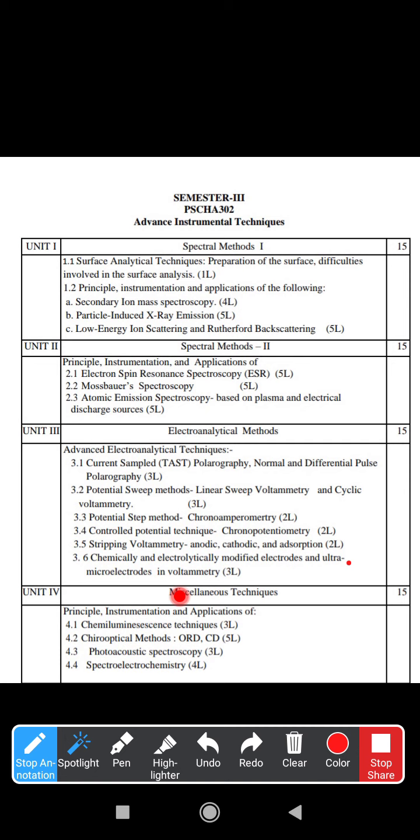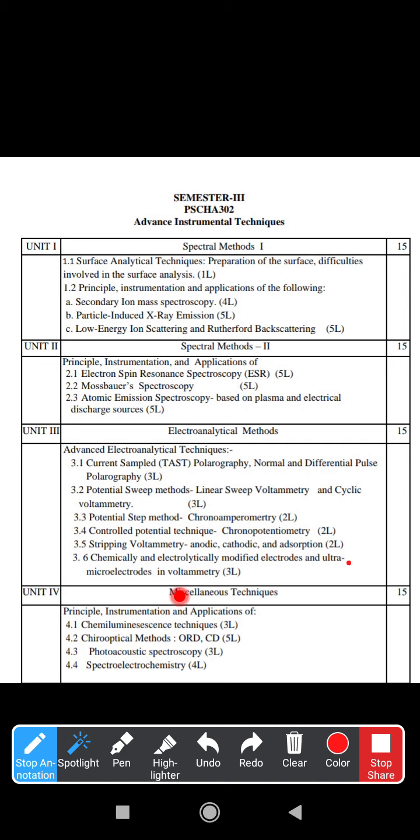The last unit is miscellaneous techniques, which involve chemiluminescence techniques, chiroptic methods, photoacoustic spectroscopy, and spectroelectrochemistry. These are some advanced techniques which are independent of each other, so we are going to see each unit one by one.